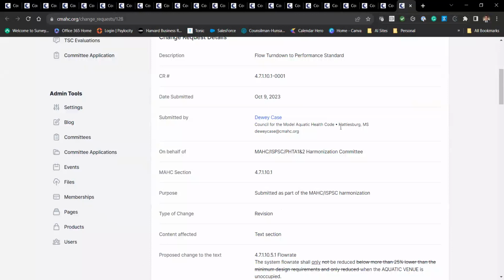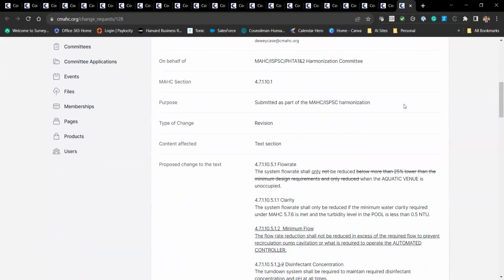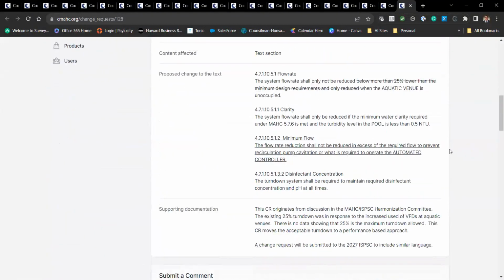So this is a flow turned down to performance standard. Makes several edits. Currently, the MAC states that the flow rate shall not be reduced by more than 25% when the aquatic venue is unoccupied.